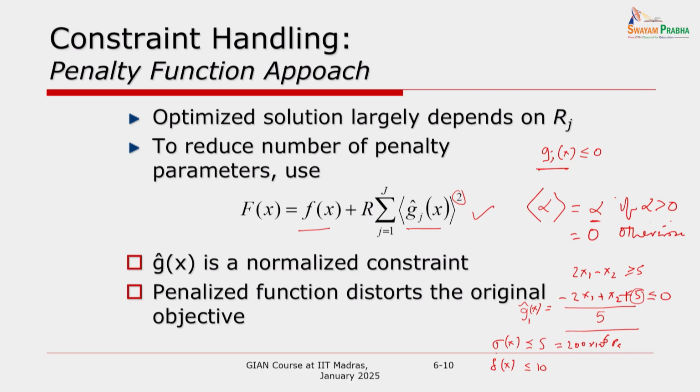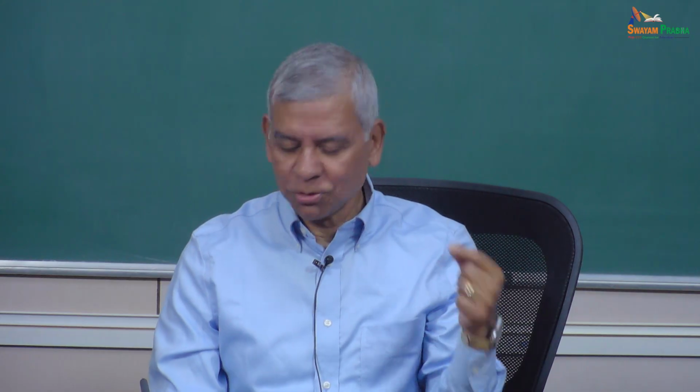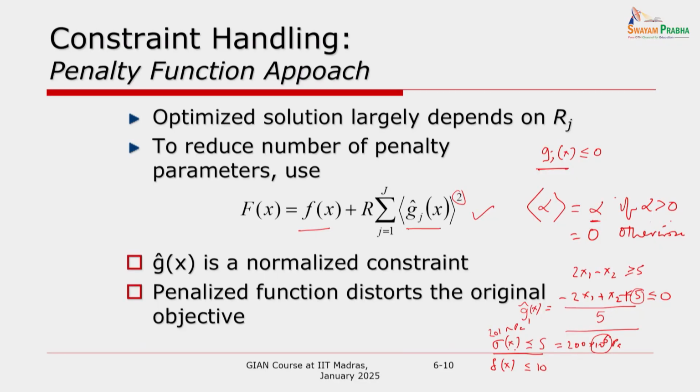Now even if you have a violation, it can be of the order of 10 to the 6. Say this is 201 megapascal, so you violate by 1 megapascal, because it's supposed to be 200 but your design says 201.